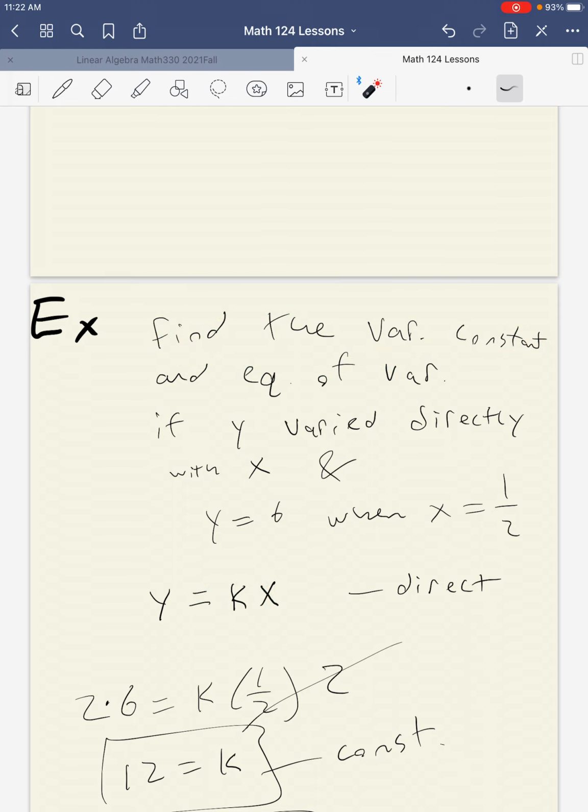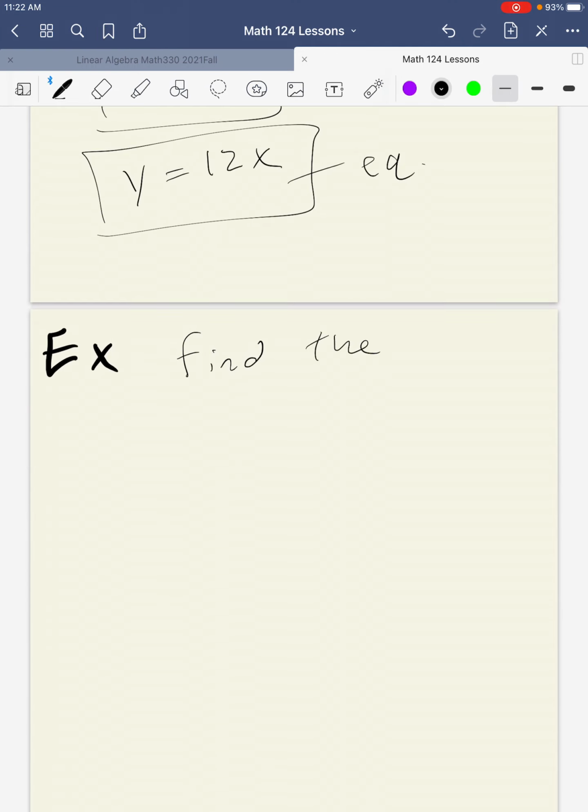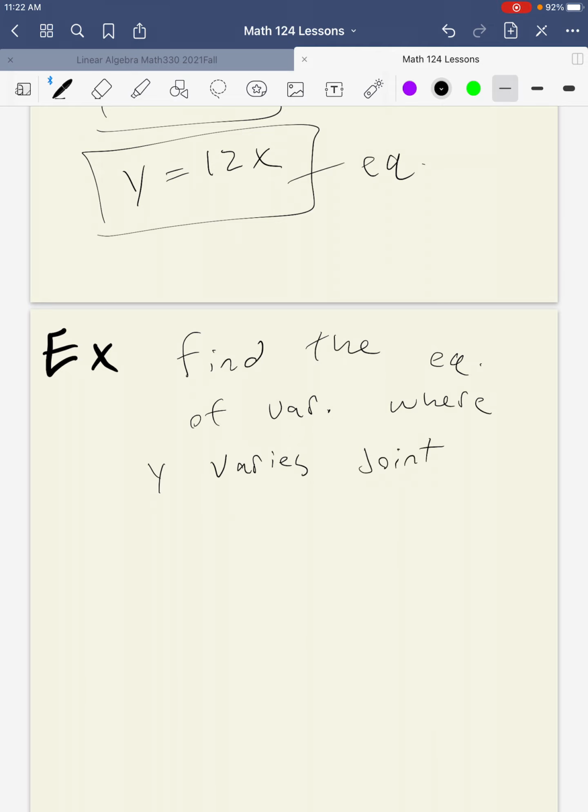I'm just going to save some time by saying find the equation of variation where now y will vary, what is called jointly, as x and z.